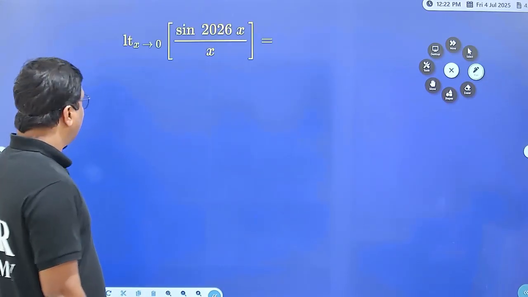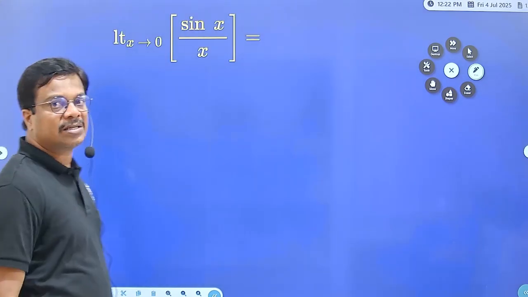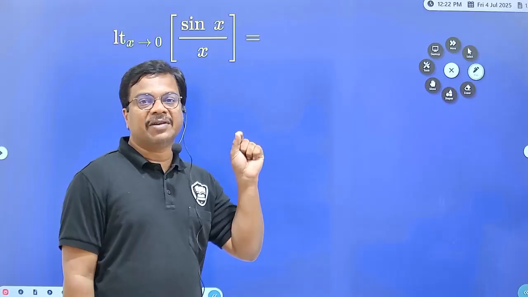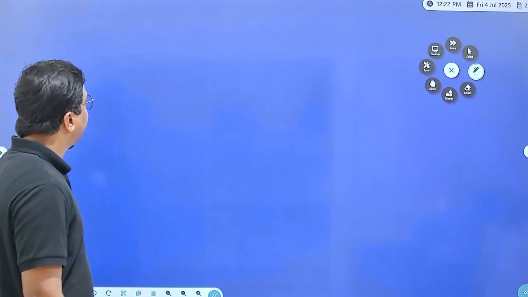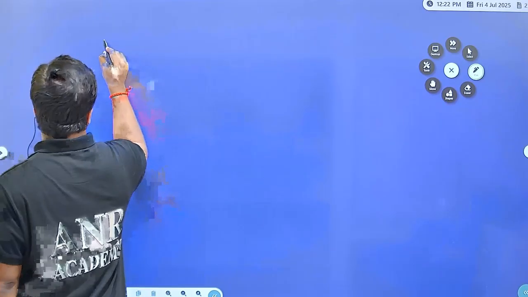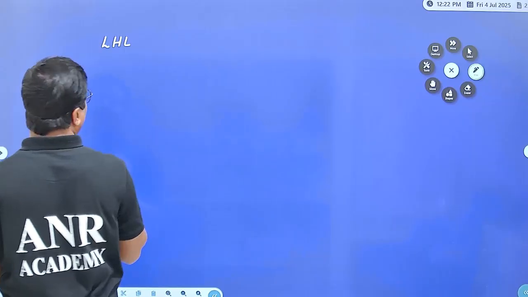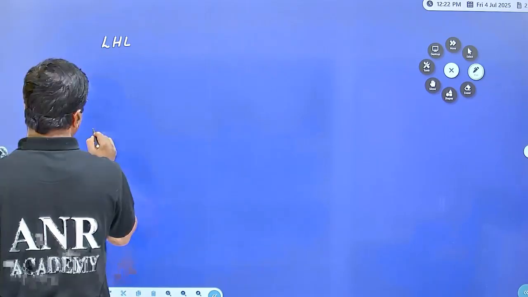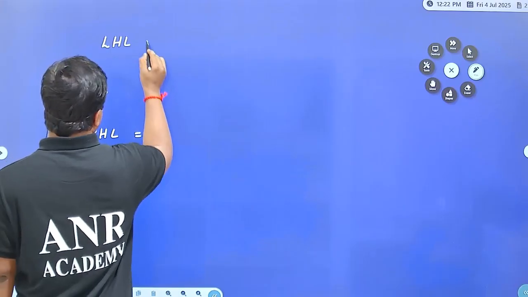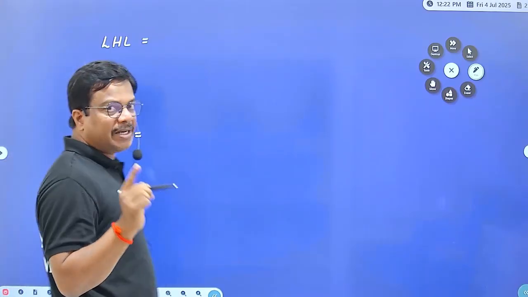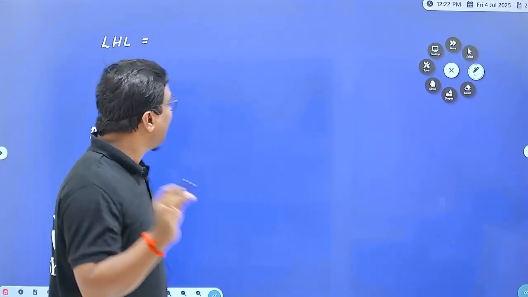We know that the limit of a function exists when the left hand limit equals the right hand limit. So here you need to find the left hand limit as well as the right hand limit. If the left hand limit and right hand limit are both the same, then the limit value exists at that point.